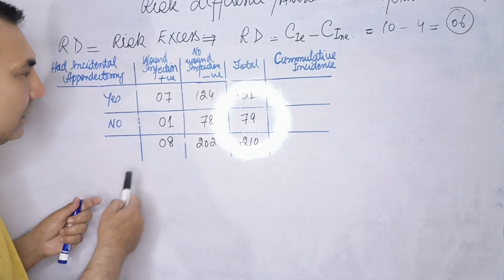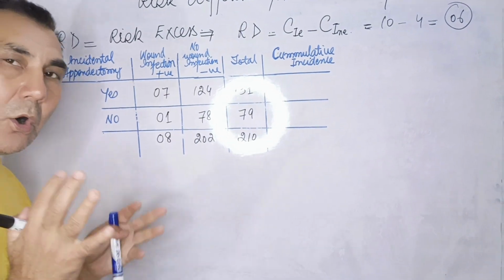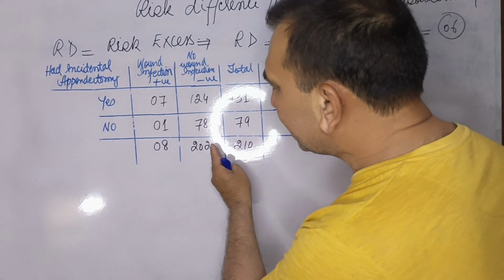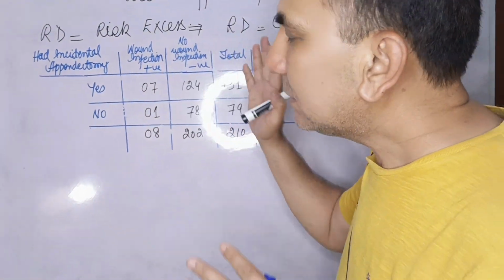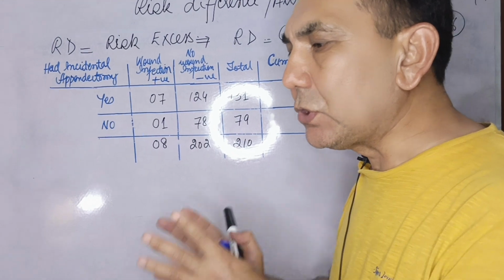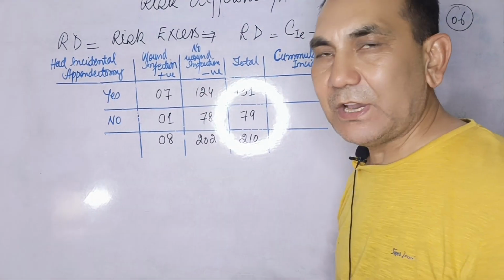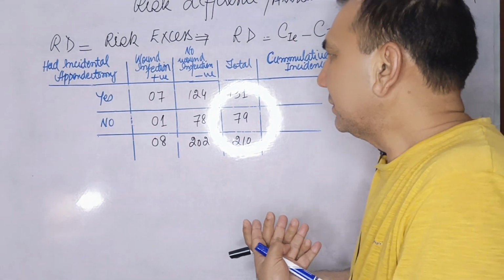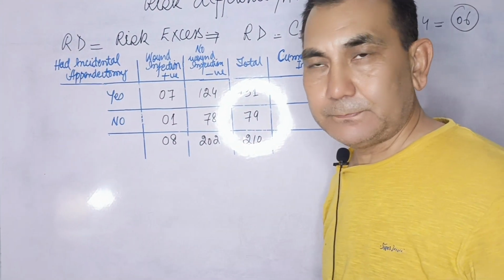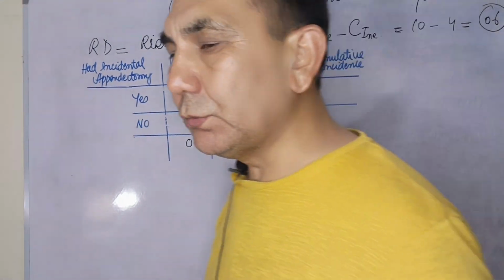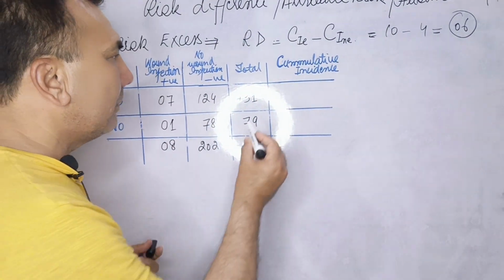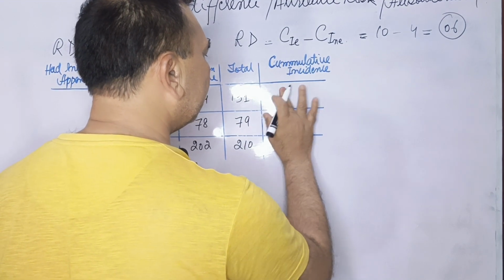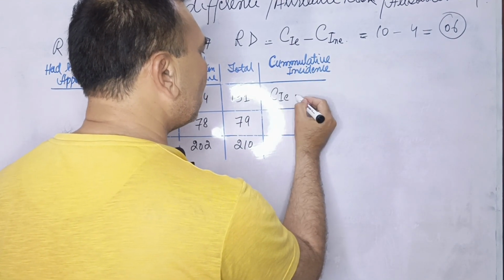The total is 8 patients with wound infections, and 202 patients did not get a wound infection among the total population. Now we will calculate the cumulative incidence in the exposed group.